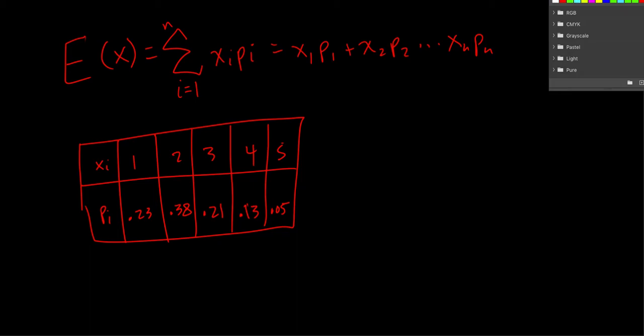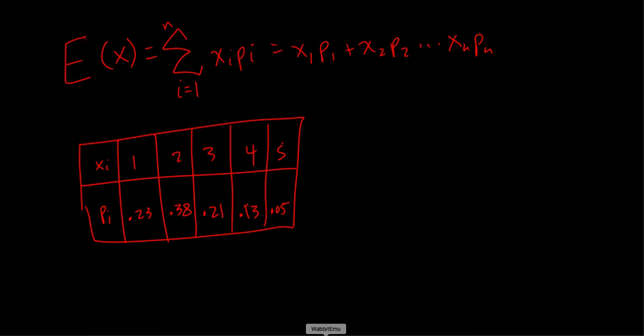So if we want to find the expected value, what we're going to do is multiply each of these together. Let me get my calculator out.